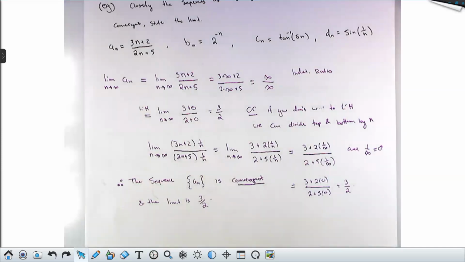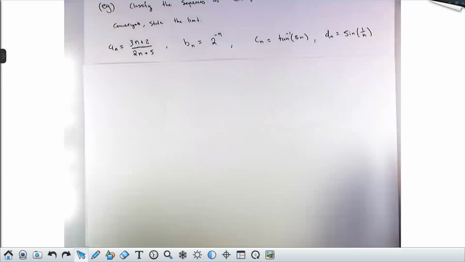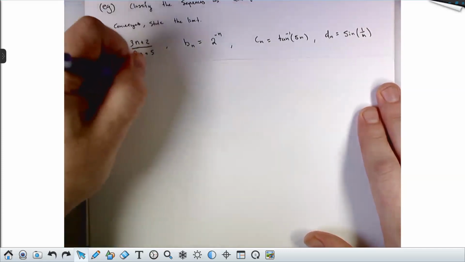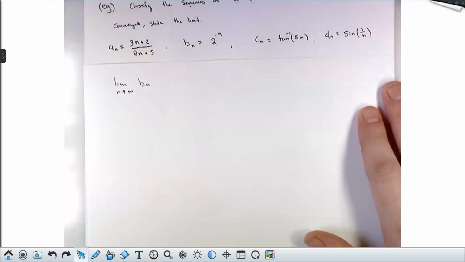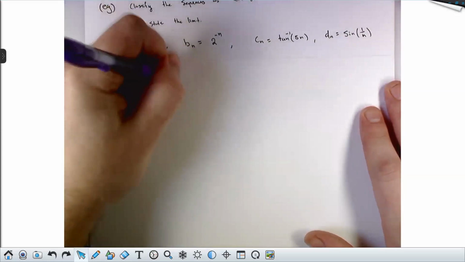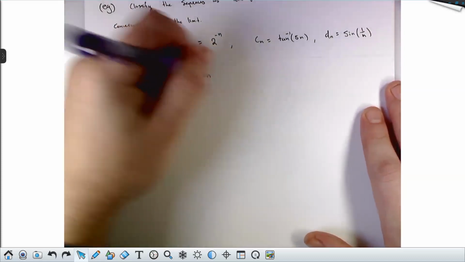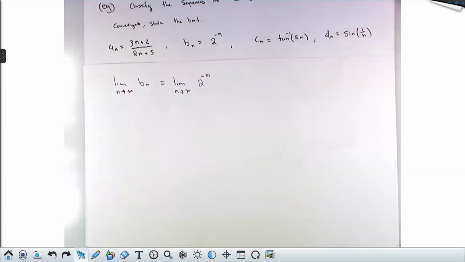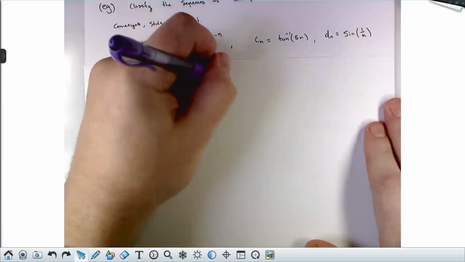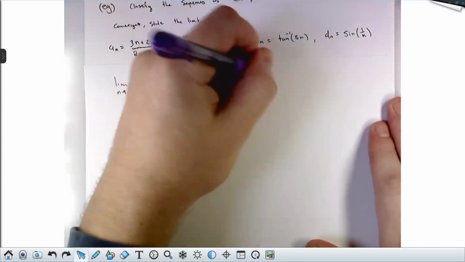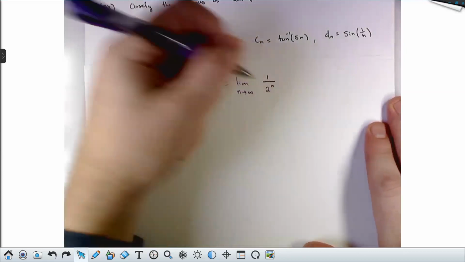All right, next up. The limit as n goes to infinity of Bn. That is the limit as n goes to infinity of 2 to the negative n. You could just go ahead and plug in infinity here, but I would advise rewriting this first as the limit as n goes to infinity of 1 divided by 2 to the n, since 2 to the negative n is the same as 1 divided by 2 to the n.